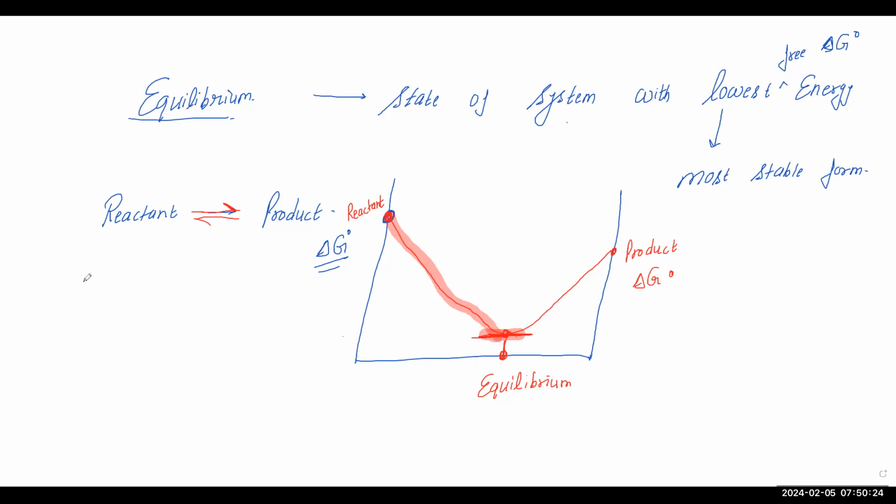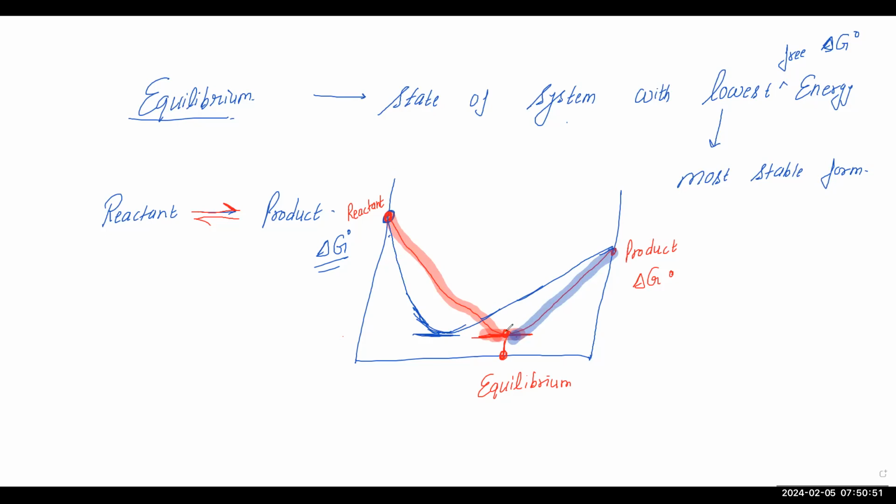If I make it like this, you can say the product is more. But if I make it like this, check another curve. Then what is more at the time of equilibrium? Reactant is more.